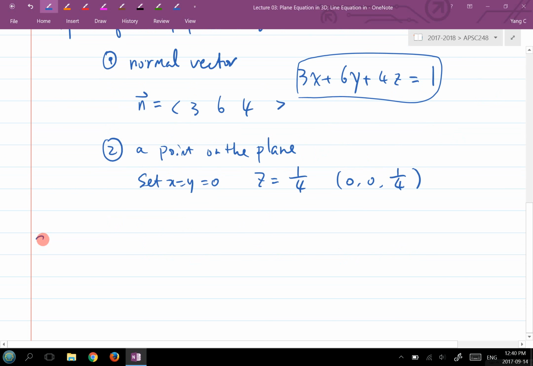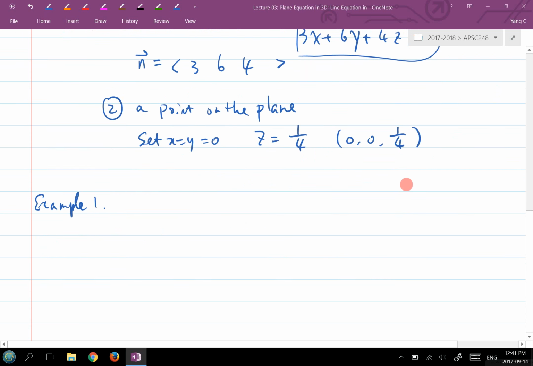Okay, so let's look at some examples that are here. The first one is fairly simple. Let's say I give you a vector v = (1, 2, -1) and a plane x + y + 3z = 5.